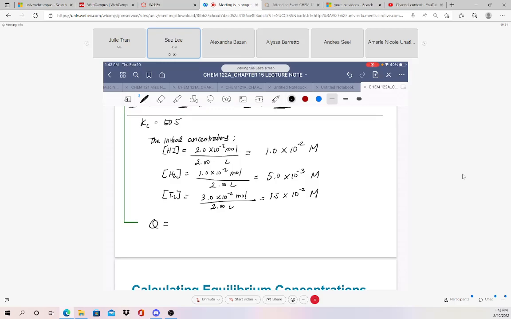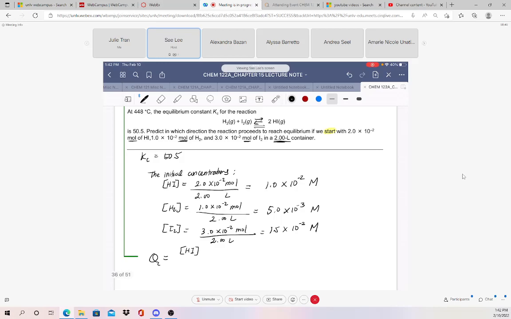We want to put C because we're working with concentrations. It's basically the concentration of product raised to the power equal to the coefficient, divided by the concentrations of reactants.